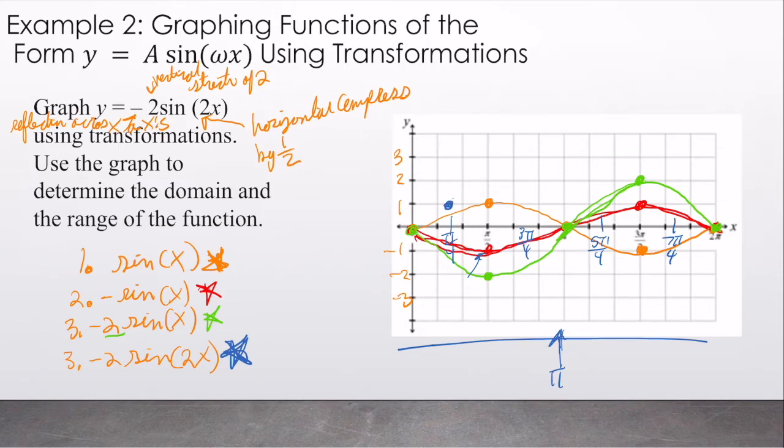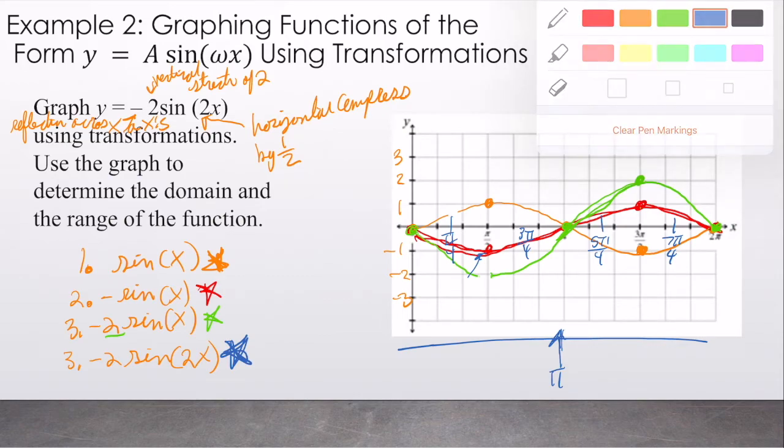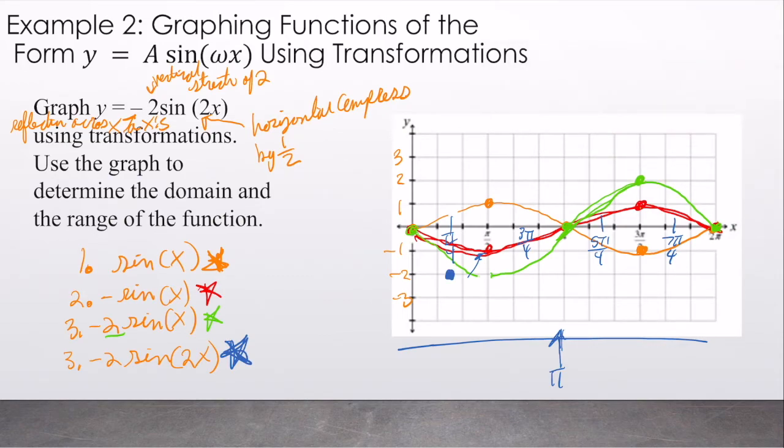Oh wait, no, we're moving the green graph because the green graph is our latest one. So this is going to move over here. Then what was happening at pi is going to move to pi over 2. So our green 0 is going to move there. This 0 stayed the same, by the way.